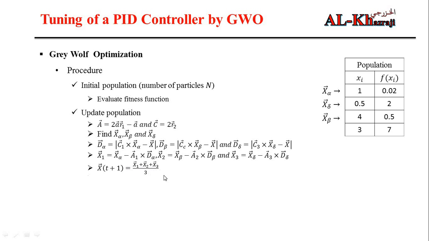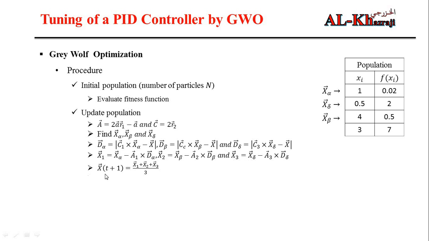So the point here is that the algorithm works in this way. We have three pieces of information, which are x alpha, x delta, x beta. We need to know the best next position for our current iteration based on these three pieces of information. So from A we find D, from D we find x1, x2, and x3, which is like x1 related to the alpha, x2 related to the beta, x3 related to the delta.